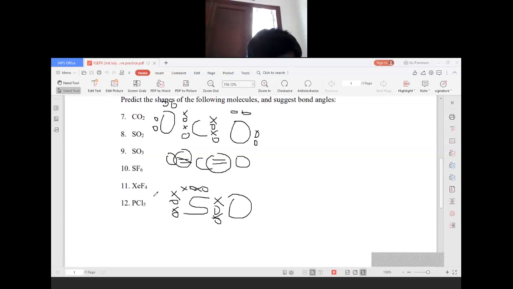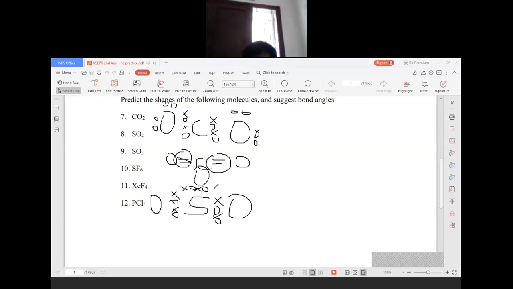So there is oxygen here and oxygen here, as if this has 3 bond pairs only, without any lone pair. So the shape of the sulfur trioxide molecule is trigonal planar with bond angle 120 degrees.